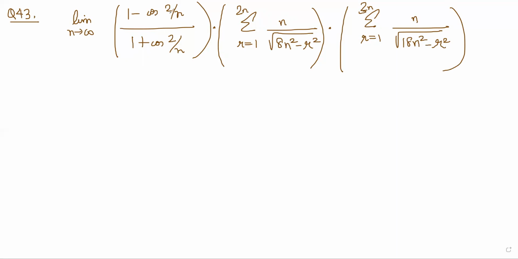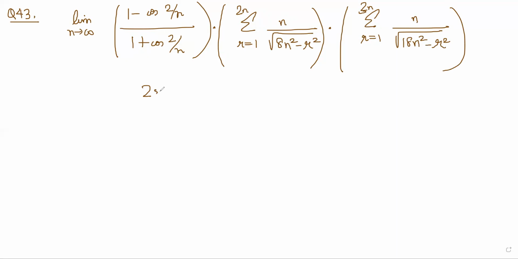2 by n tends to 0, so you can write this as 1 minus cos 2 by n, and 1 minus cos theta is 2 sine square theta by 2, right?